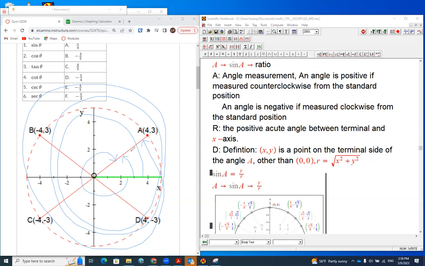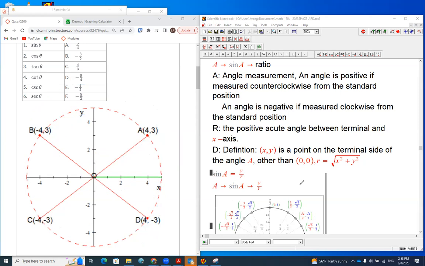So for non-special angles, as long as we pick a point, this point means any point. Right here I'm going to put a special stamp: a point here means any point on the terminal side of the angle other than the origin.